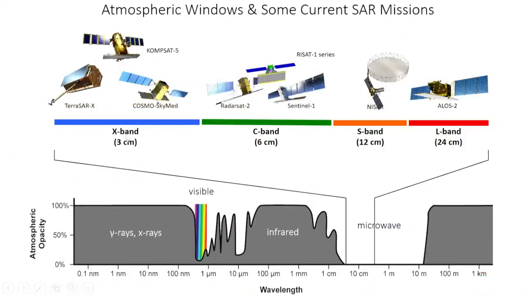These are some of the microwave ranges. You can see L band, S band, C band and X band. L band is low frequency with more wavelength, and X band is high frequency with low wavelength, 3 centimeters. Here is the spectrum range, and you can see the infrared spectrum and the visible. Most optical satellites work in visible, near infrared, or short wave infrared.